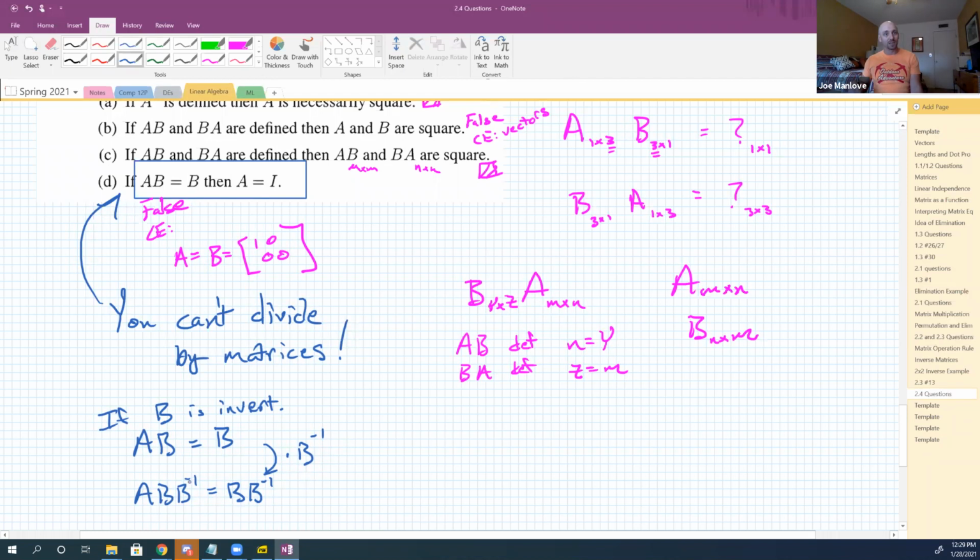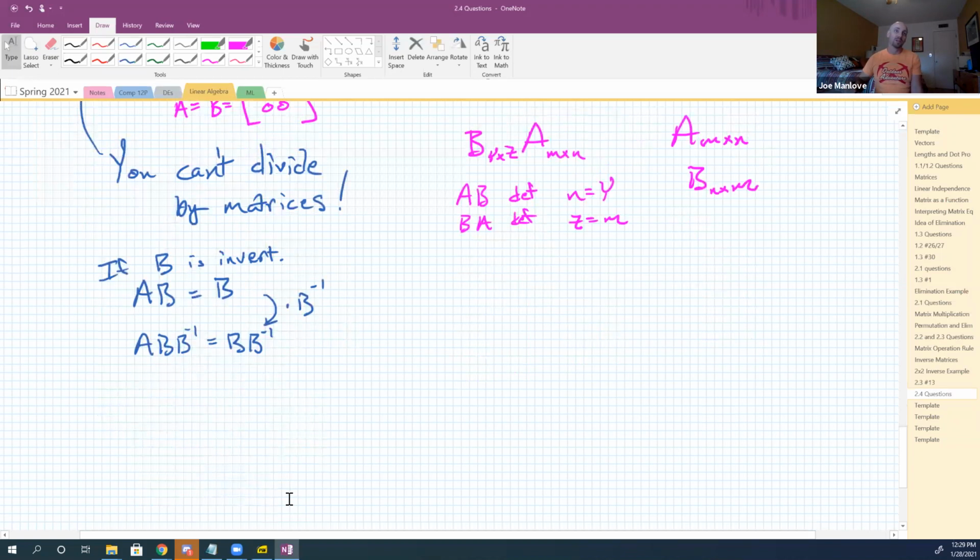And then these guys, B and B inverse, those are the identity matrix, right? So we could say, okay, then A is I, because this thing is the identity matrix, and A times the identity is A. This is really because B times B inverse is the identity matrix. And so if B is invertible, that's true.